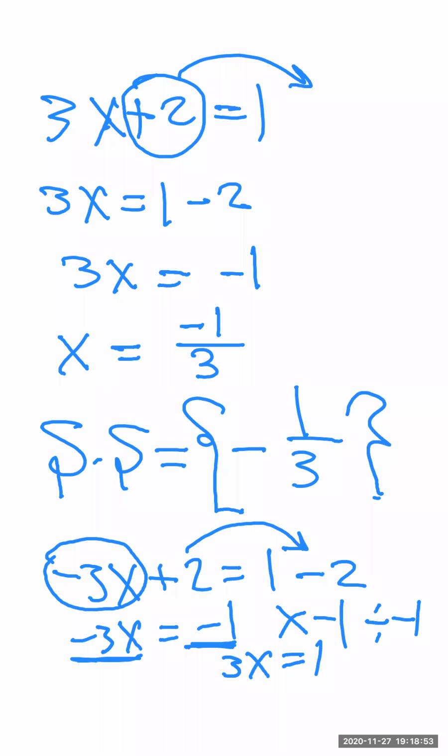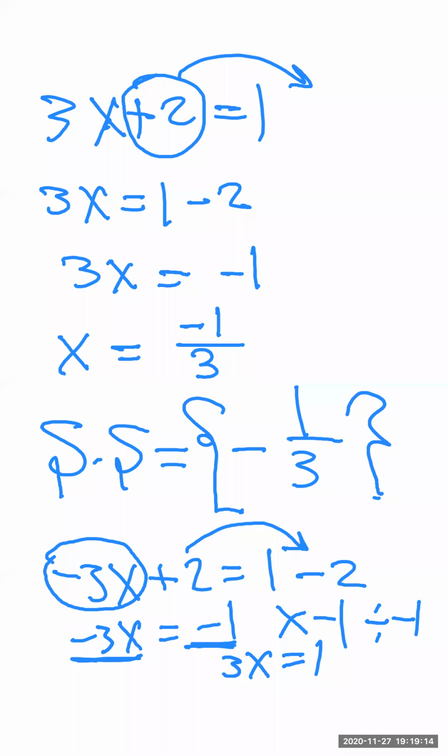You can also divide by negative 3 directly. So x will equal 1 over 3. We don't change the equal sign. We change the symbol only in inequalities, not in equations.